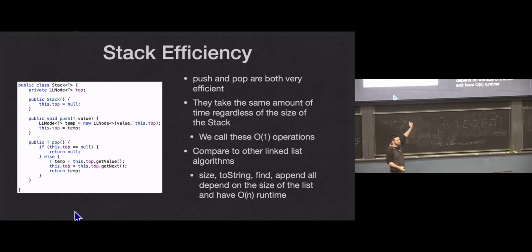We're not going to let you ask the stack for its size because that's an O of n operation. Instead, you should just be a better developer. And if you are concerned about runtime, if you know your stack is going to have billions of elements, don't ask it for its size. Just don't do that if the runtime is that important. I mean, if runtime's not that important, just ask it for its size. Who cares?